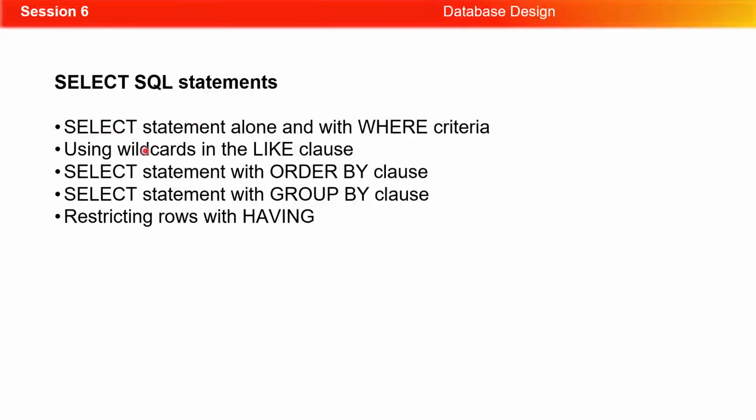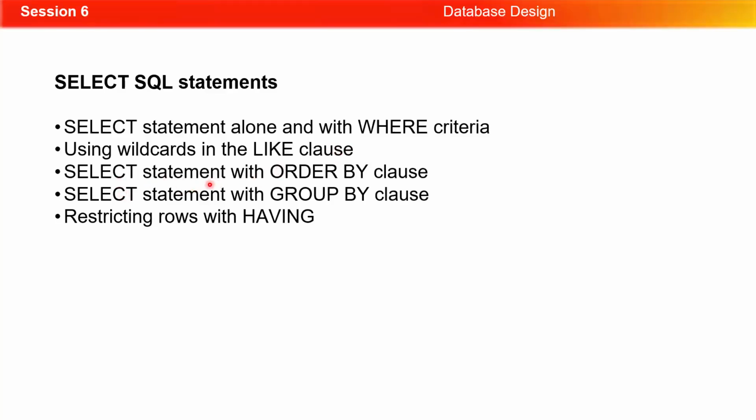We can have a select statement alone, and we can also have it with a where clause where we pass in criteria. We can use wildcards, and we can use a like clause, which also limits a wildcard.